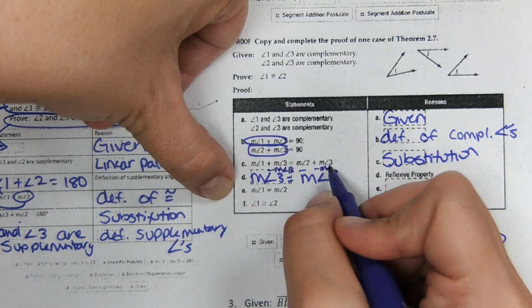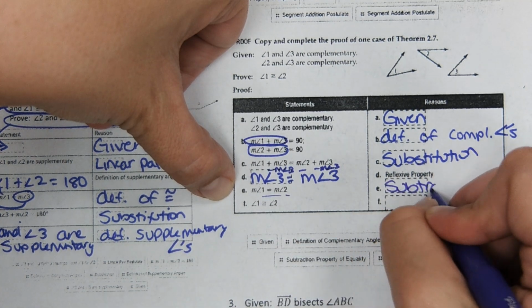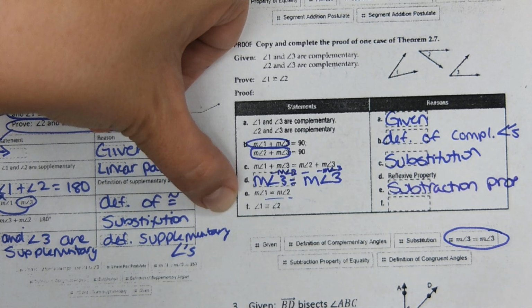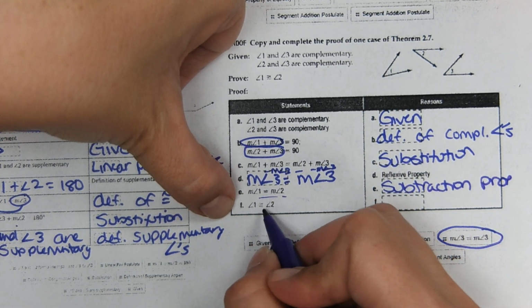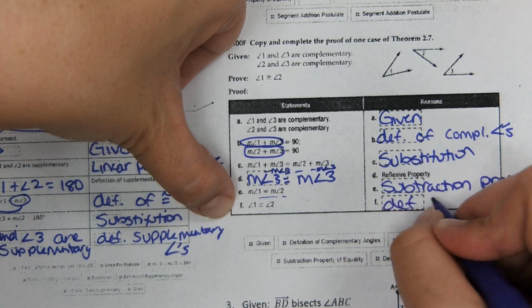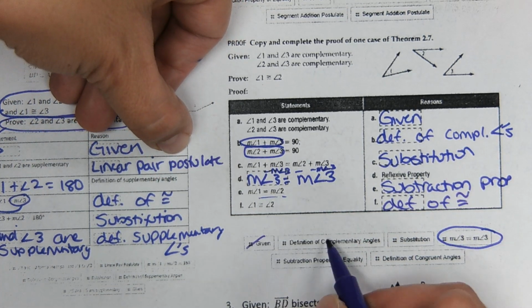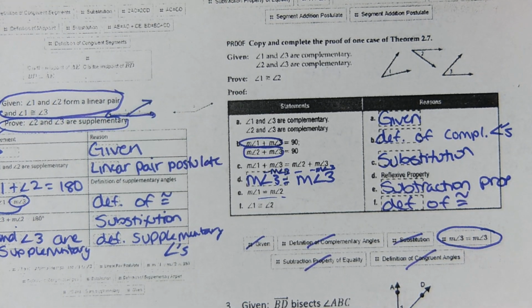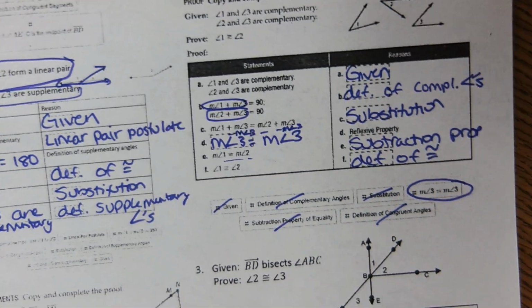Subtract measure angle 3 to get this, so that would be subtraction property. Then they go from measure of angle 1 equals measure of angle 2 to they're congruent. That's definition of congruence. Almost done.